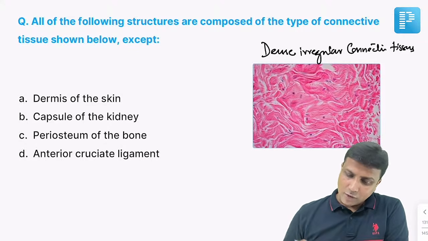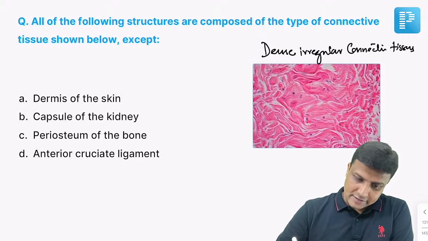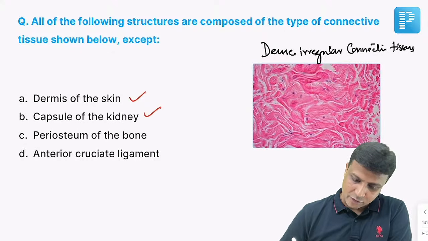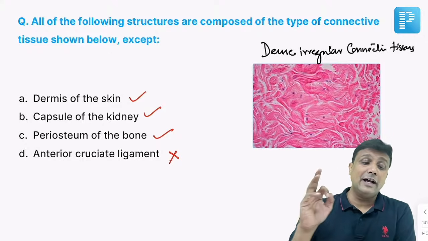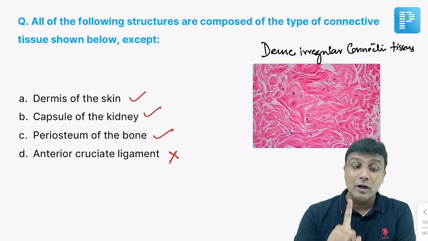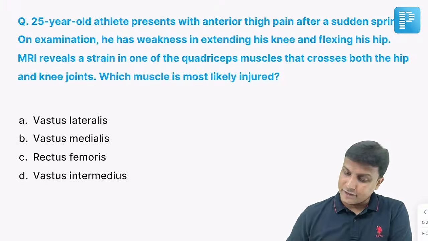Fine. Now what is it asking here? It is present in all of the following except what? So the dense connective tissue is present in the dermis of the skin, the capsule of the kidney, periosteum of the bone, but not in the anterior cruciate ligament. In the anterior cruciate ligament also you'll have dense connective tissue, but that is a regular one, sir, not an irregular one. Okay. चलिए आगे बढ़ते हैं.